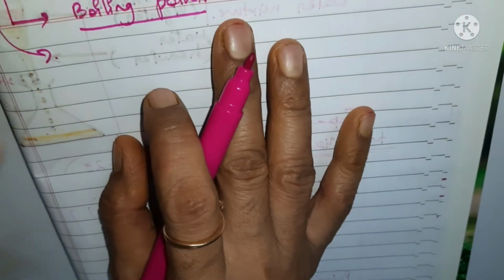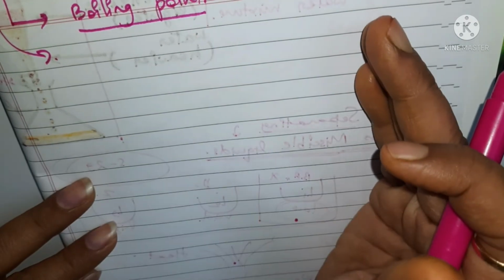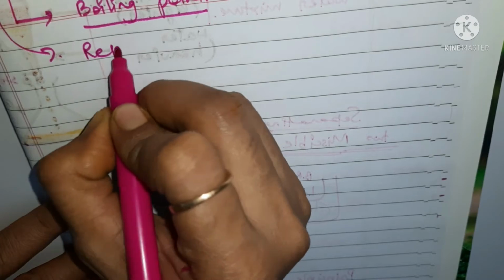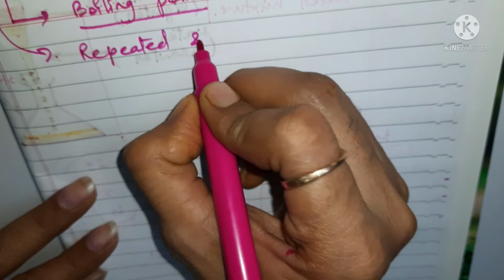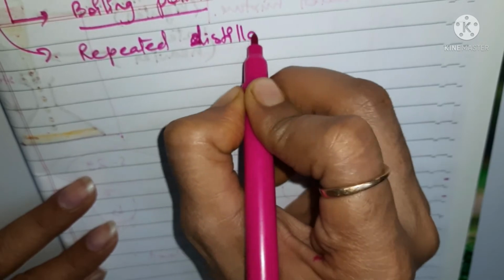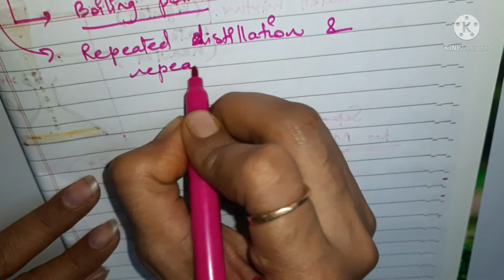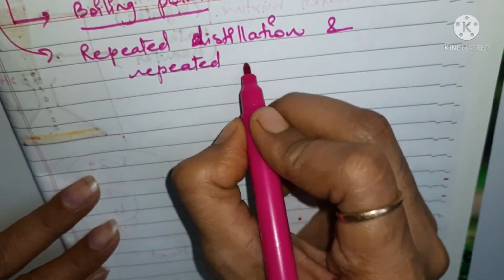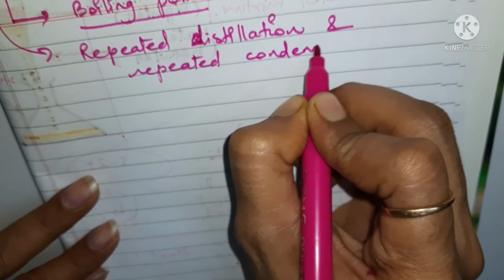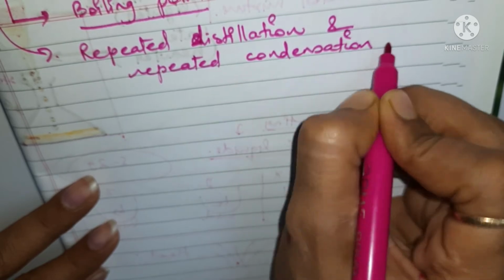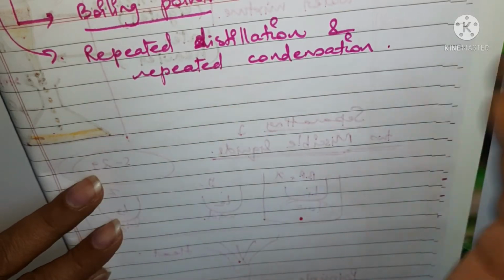This process involves repeated distillation and repeated condensation. Both things are in repetition mode. So this is why we can say that it is done in fractions.